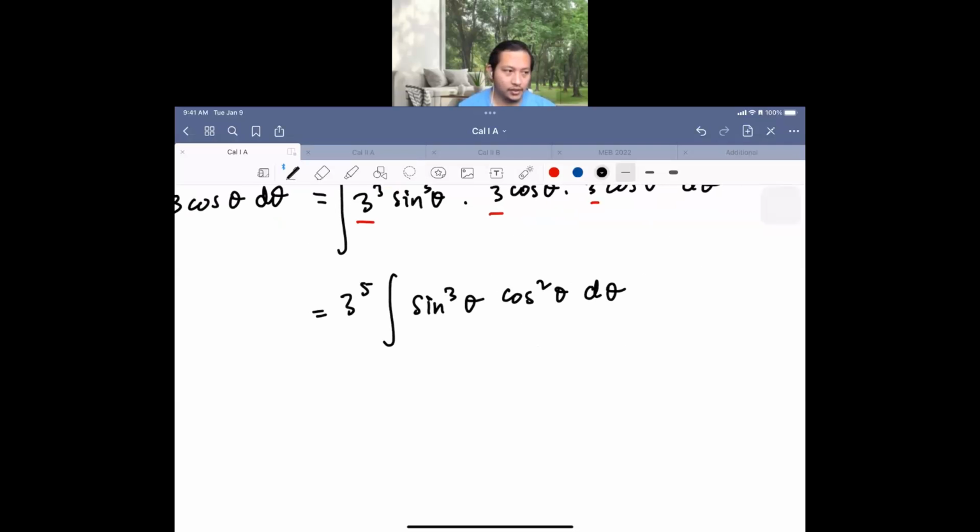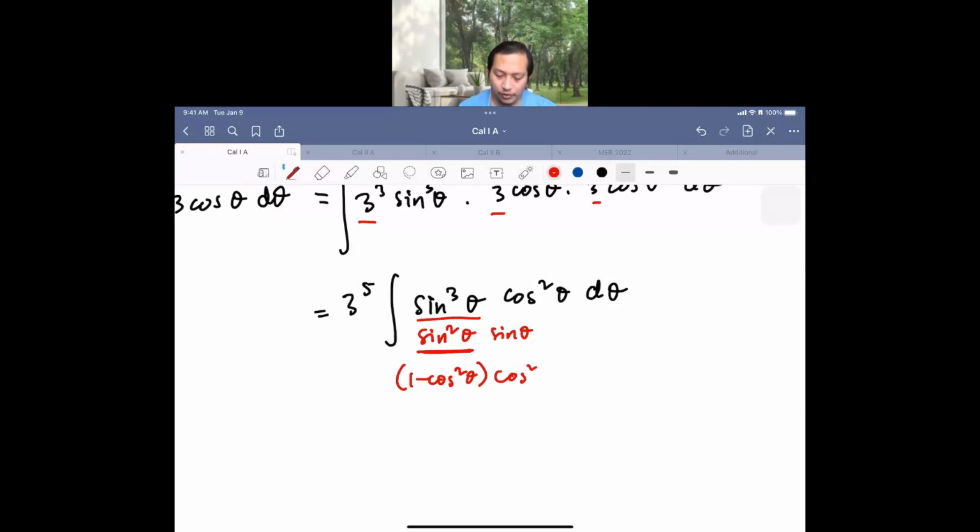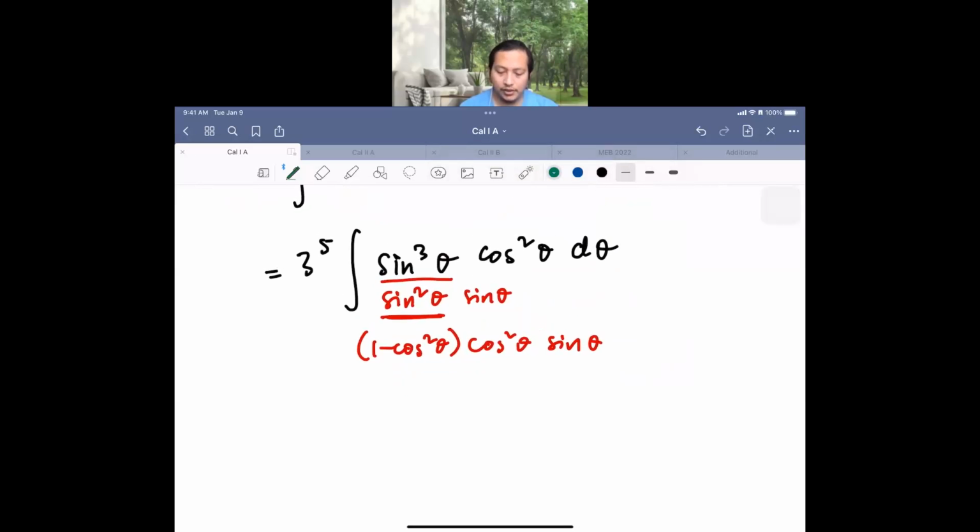So the idea here is to separate this sine cubed into sine squared theta and sine theta, and sine squared becomes 1 minus cosine squared theta, and we have cosine squared theta and then sine theta, right? Okay, now we could have another substitution. We substitute u for cosine theta to cancel the sine, and this will have a negative.